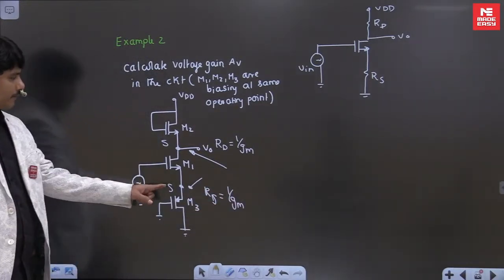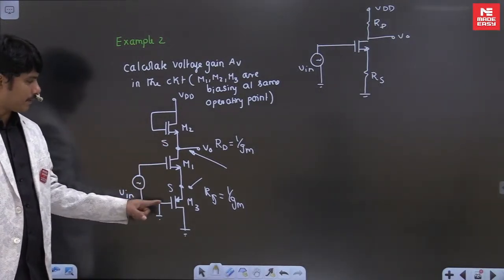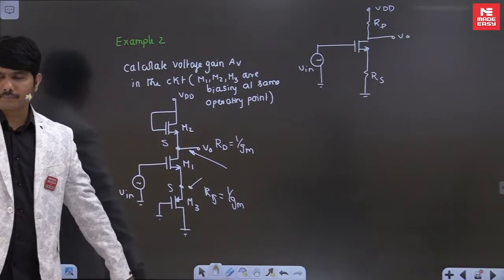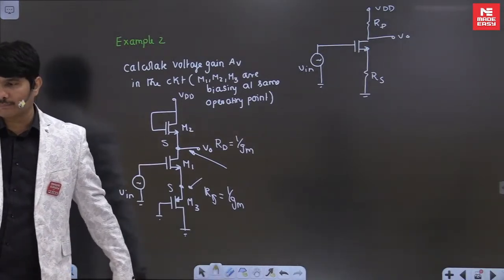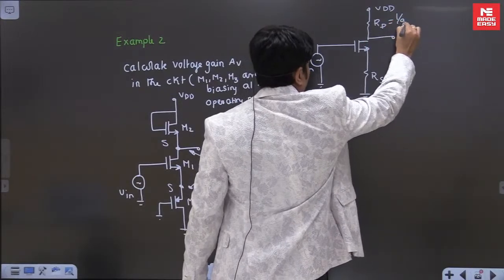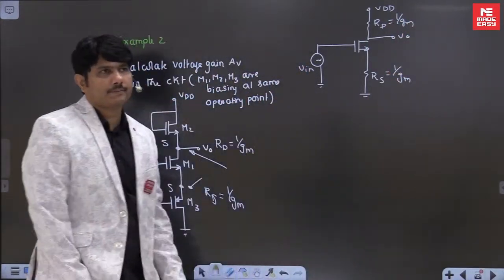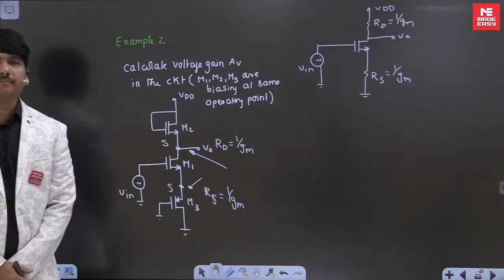It may be diode connected or it may be like this, you will get the same answer. So 1 by GM on both sides; the active load is replaced on both.